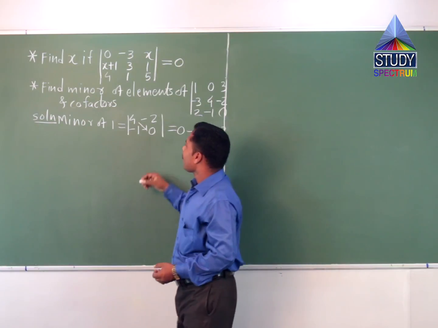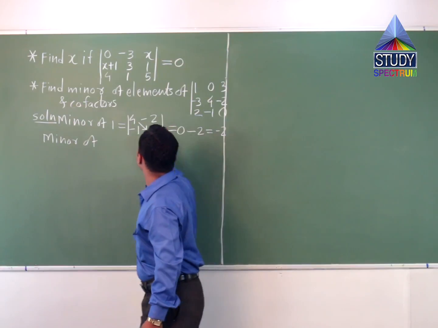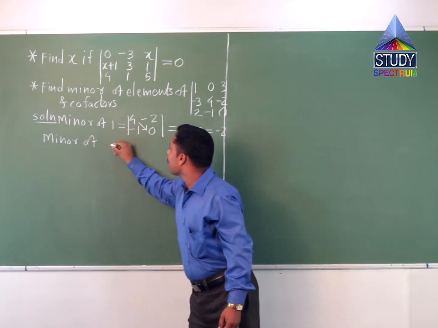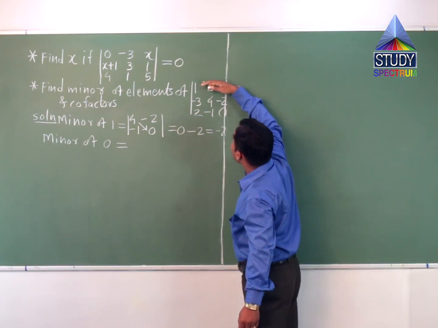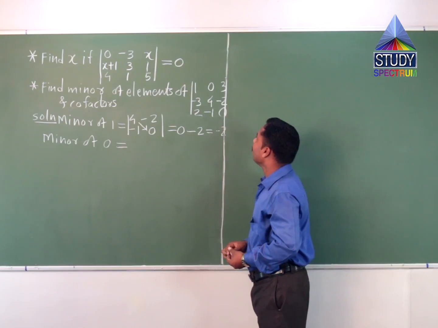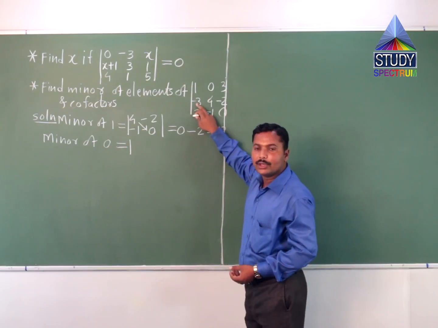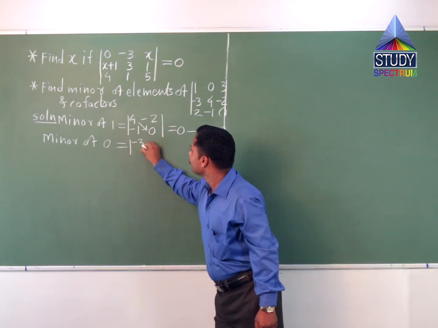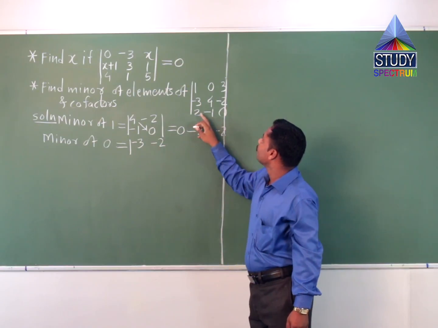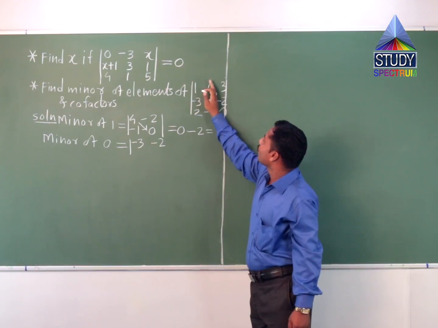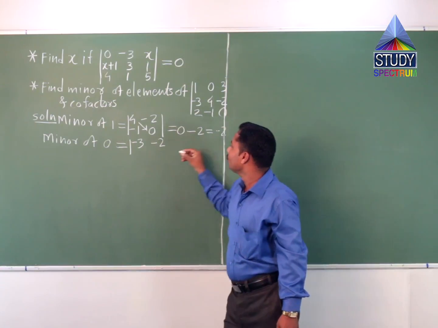Again, minor of 1 is done, so the minor of the next number 0: minor of 0 equals, delete the row and column passing through that number. So what remains? Determinant of minus 3, minus 2, 2, 0.